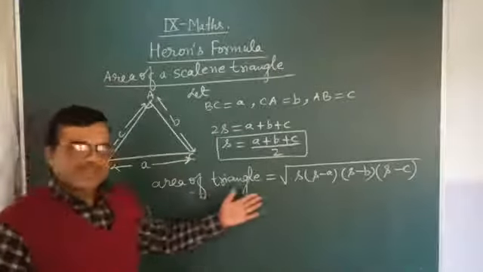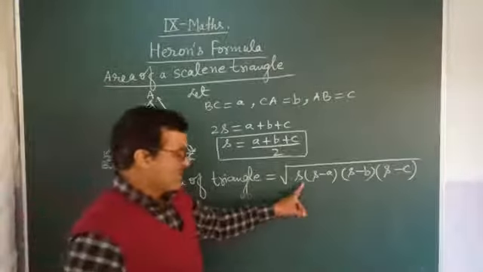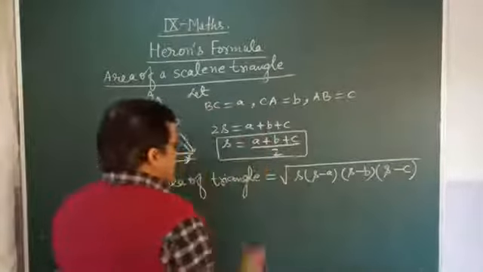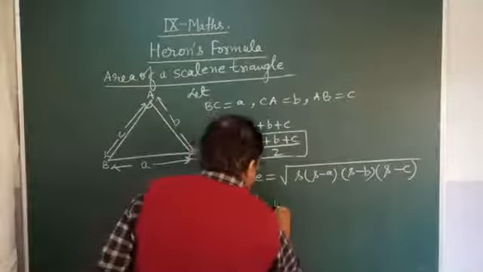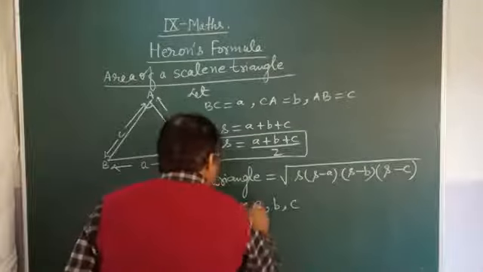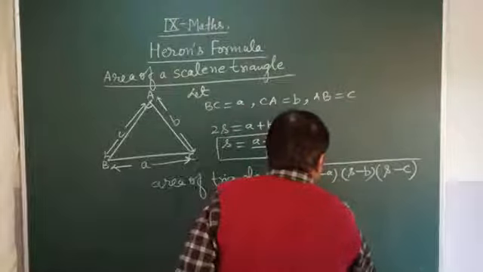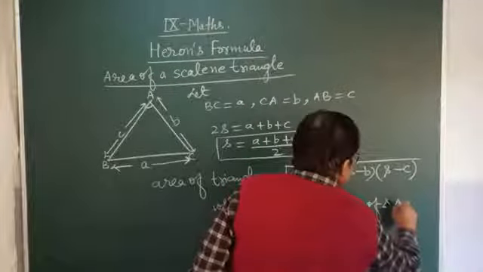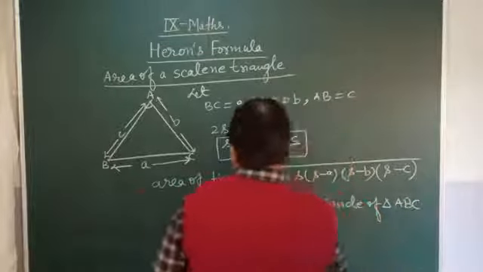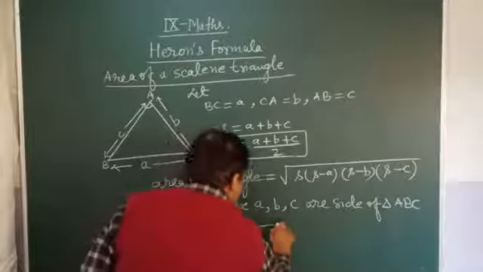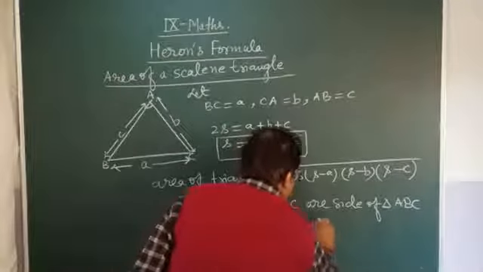This is called Heron's formula. Here a, b, c are sides of triangle ABC, and s is the semi-perimeter.